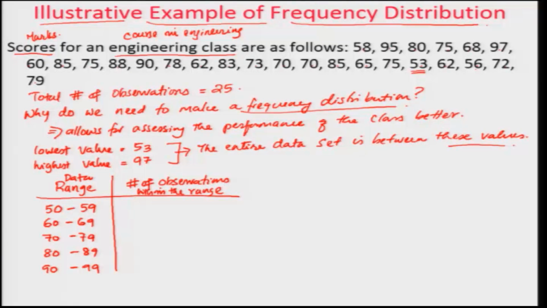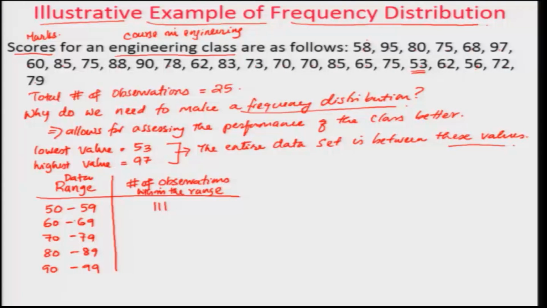Let us say I am trying to calculate something like this. I will say from 50 to 59, I will count, there is 1, there is 2, there is 3. So, 50 to 59 I have 3 observations. Typically people do this as 1, 2, 3 with a kind of mechanism that is called a tally. We will do a tally representation of this. Then 60 to 69, let us count how many are there, there is 1, 2. By the way, in this 50 to 59 both sides are included, 50 and 59 values are included, 60 and 69 values are included.